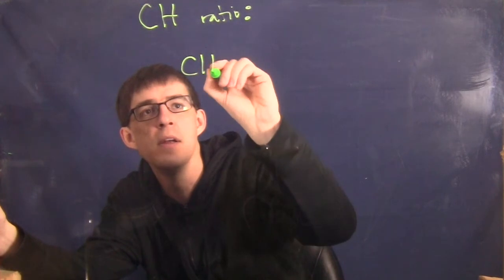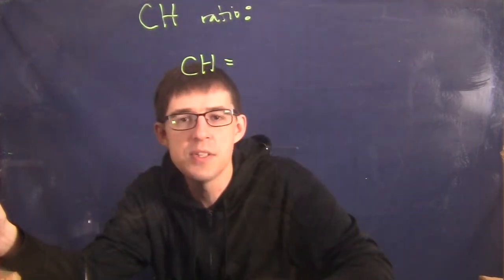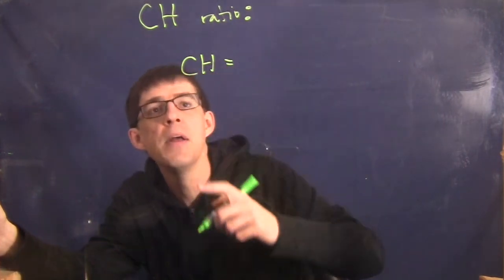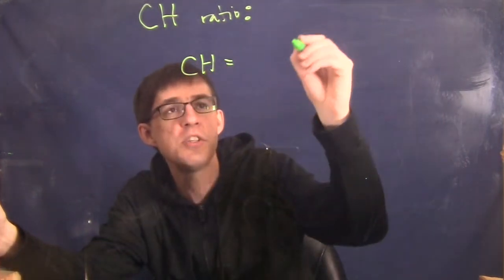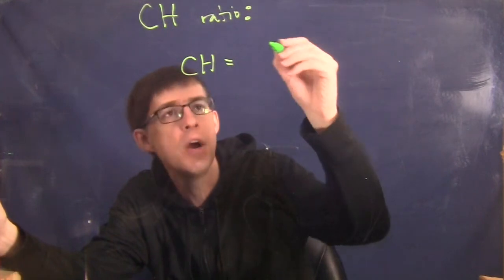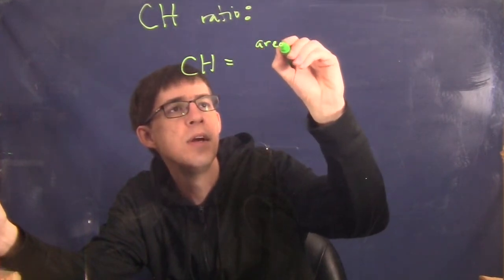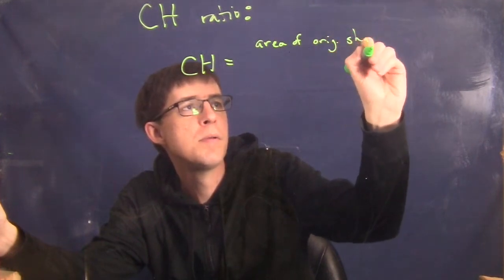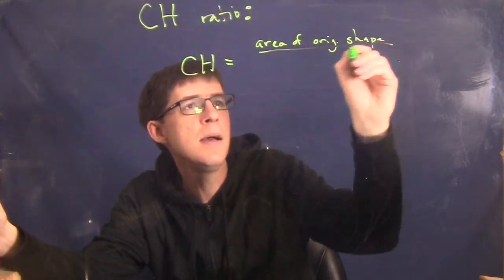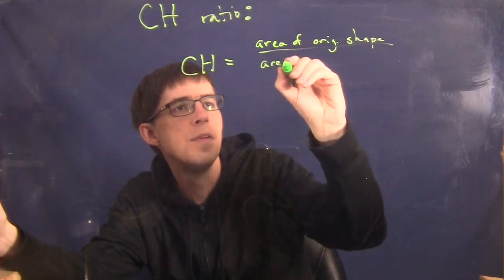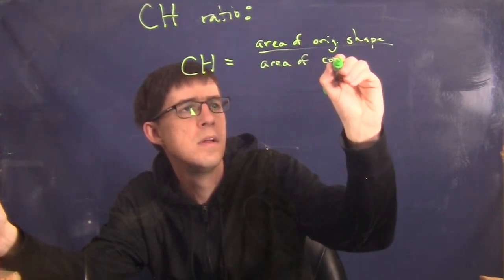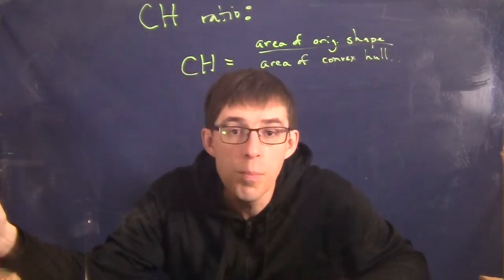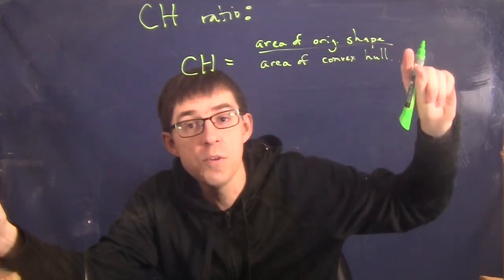I'm just going to call it CH. This is sometimes called the convex hull score or the convex hull ratio. Anyway, the definition is, it's just a fraction. That's why it's called a ratio. And the ratio is the area of the original shape divided by the area of the convex hull. All right. So in a normal shape, these two areas are almost equal to each other.